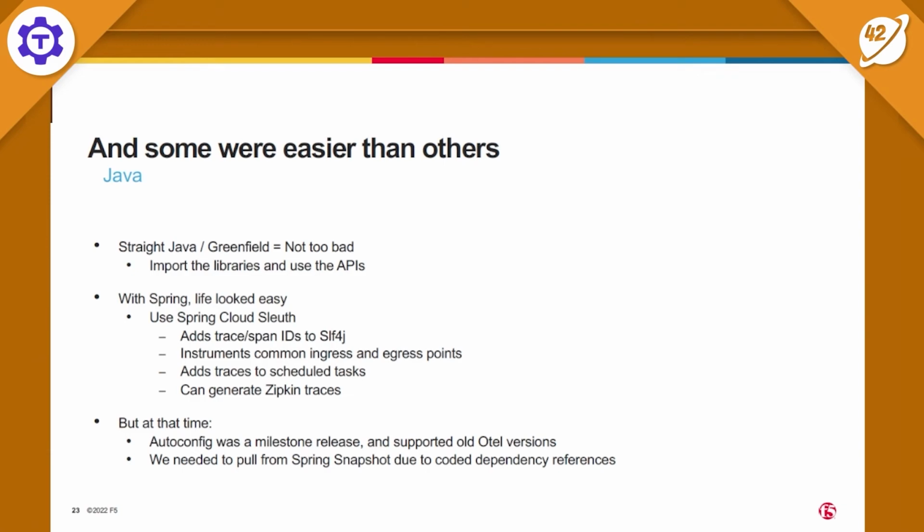We could use Spring Cloud Sleuth, which adds the trace and span IDs, instruments common ingress and egress points, adds traces to scheduled tasks, and can directly generate Zipkin, another open source project like Jaeger, traces. But at that point in time, autoconfig was a milestone release, and it supported some really old, out-of-date OpenTelemetry versions. We also had to pull from Spring Snapshot due to coded dependency references. So this made it a little bit more problematic, looking at an old product set, losing functionality.